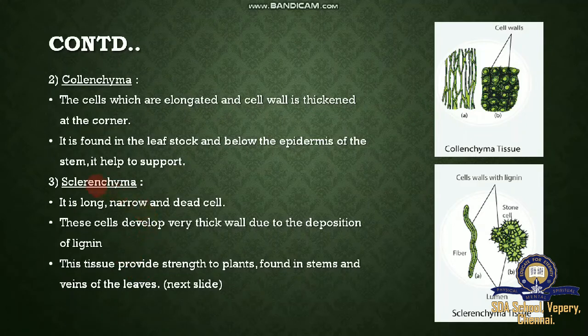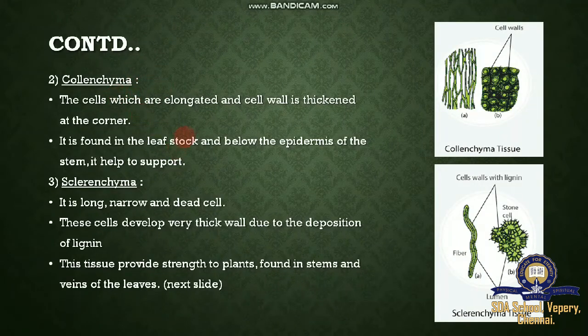So simple permanent tissue is divided into parenchyma, collenchyma, and sclerenchyma. Parenchyma is a thin-walled cell with only one wall layer, the primary wall, with the roles of storage and distribution.